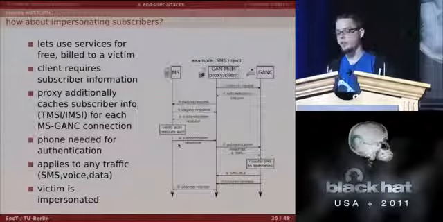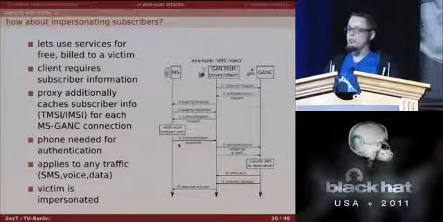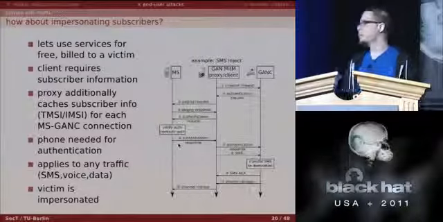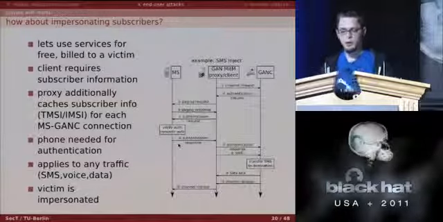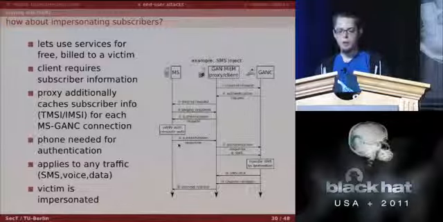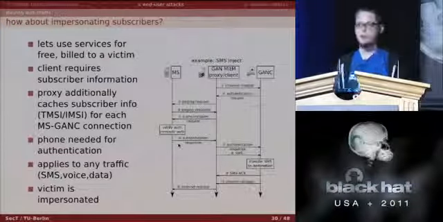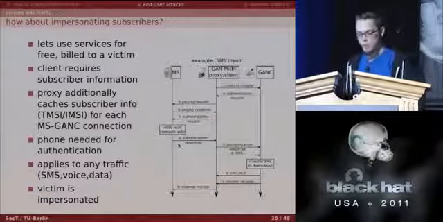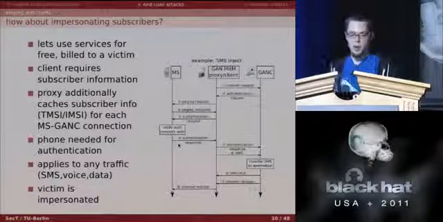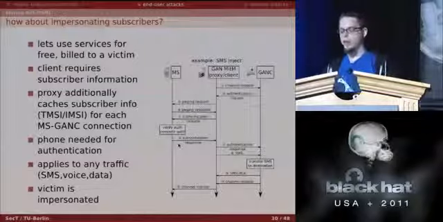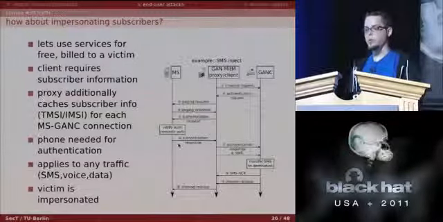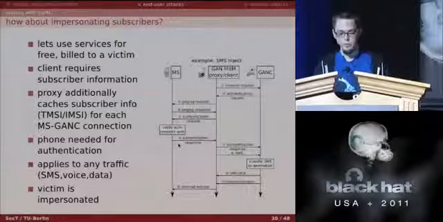So to solve that, it pages the victim phone. Paging is a standard way in a mobile network to let a subscriber know that there's an incoming service request. That's what happens before you get a phone call or an incoming SMS. And just as when we send something, you also have to authenticate when you receive a service.